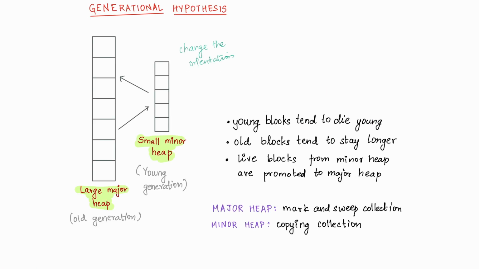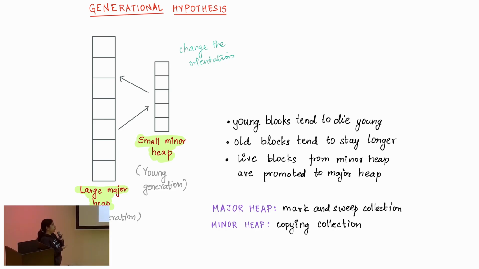So OCaml follows what is known as the generational hypothesis. The way the heap works here is we have one large major heap and we have a small minor heap. So this is for a sequential program. Consider we are not at the point of multicore yet. So what are some trends here? Young blocks, by which I mean memory that is allocated in this minor heap, tend to die young.